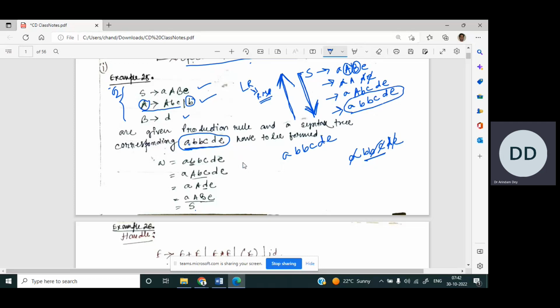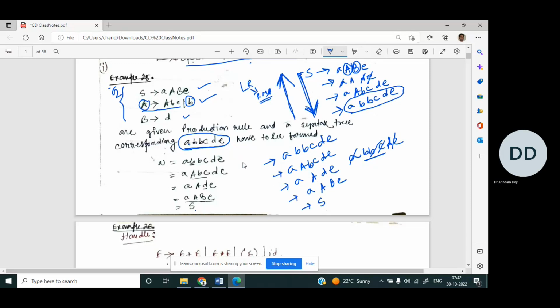Then after that, it will come small a, capital A, B, C, D, and E. After that, it will come small a, capital A, D, and E. After that, it will come small a, capital A, B, and E. After that, it will come S. So here I have performed the top down, but if I flip it, that means it will be bottom up, and I have written in this way. So the parsing that I have obtained over here will be called a bottom up parsing.